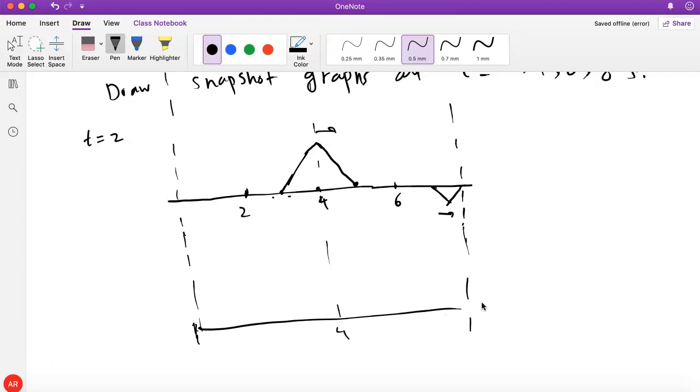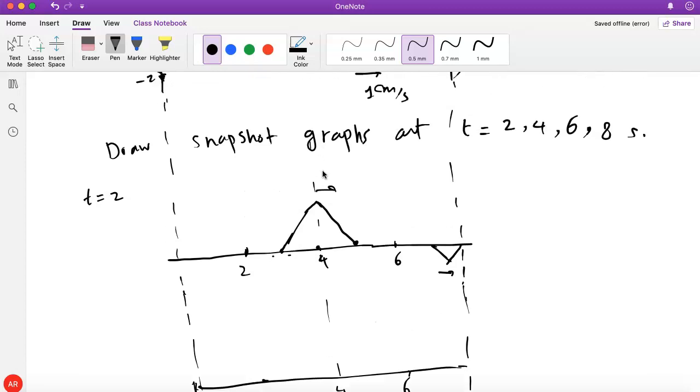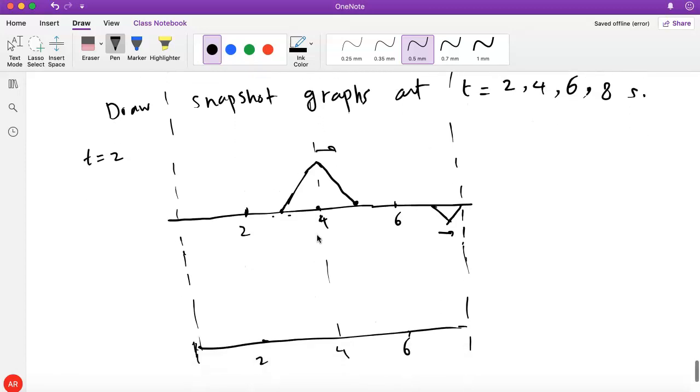Now the next one, say 4, 6, 2. Okay, so now if another 2 seconds has passed from this, I need to shift them forward again by 2 centimeters, right? So this one that's now between 3 and 5 will be between 5 and 7.